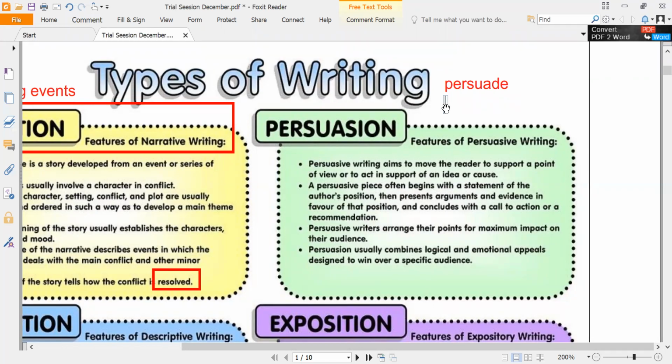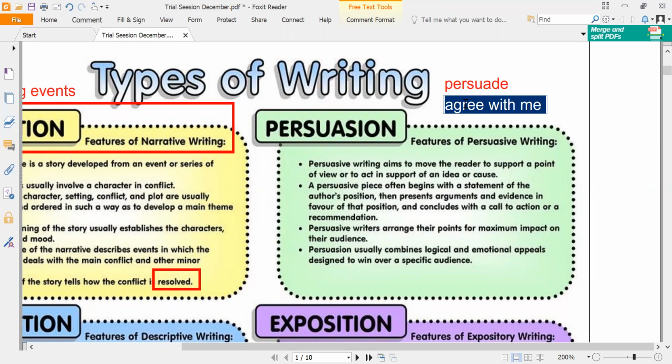When I persuade somebody, it means I used my logic. I used strong reasons to make others agree with me. Okay. So if you told me don't go to that place, it's dangerous, and I asked you, if you want me to agree with you, persuade me.